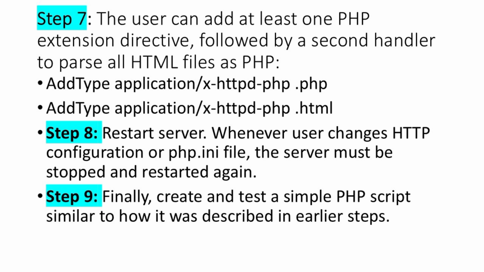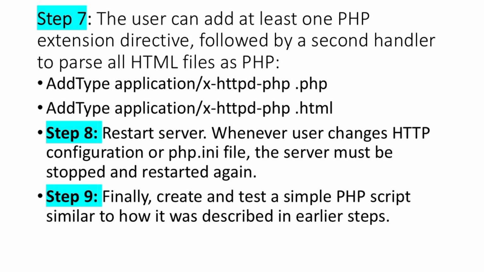The first line ensures that all files ending with .php are processed as PHP scripts, while the second line allows even .html files to be parsed as PHP. This is useful when you want to embed PHP code inside regular HTML pages.